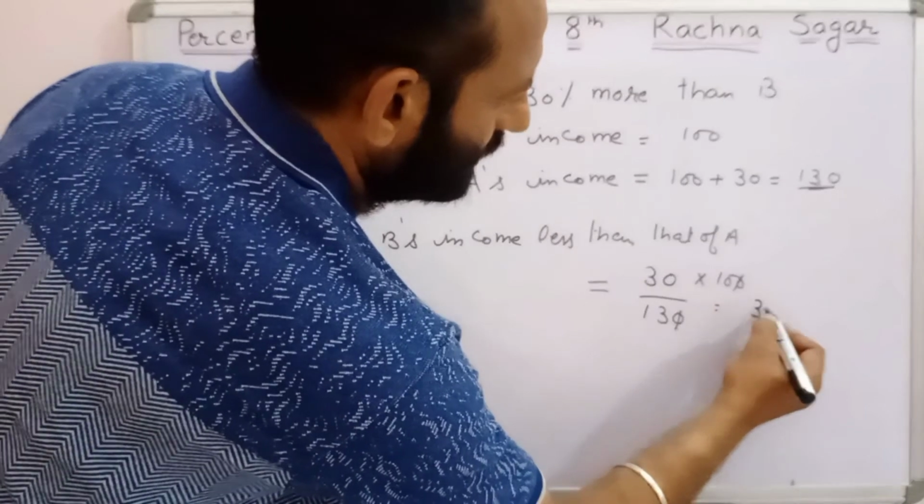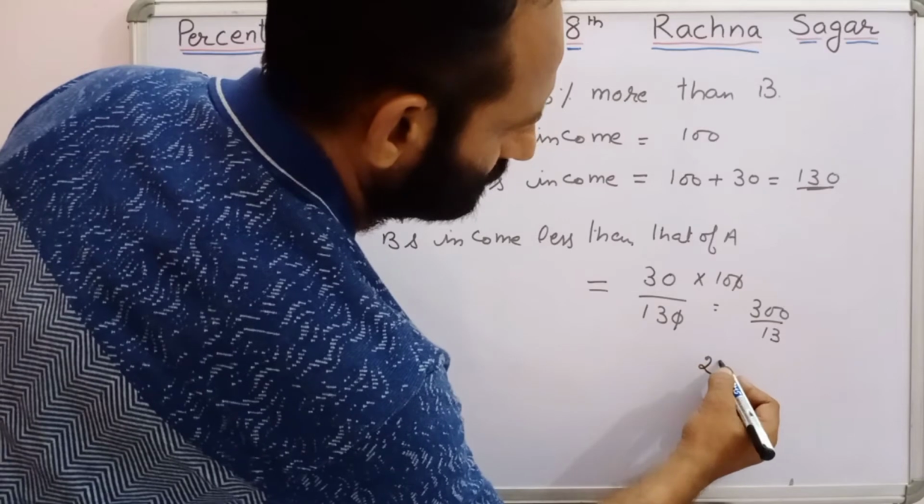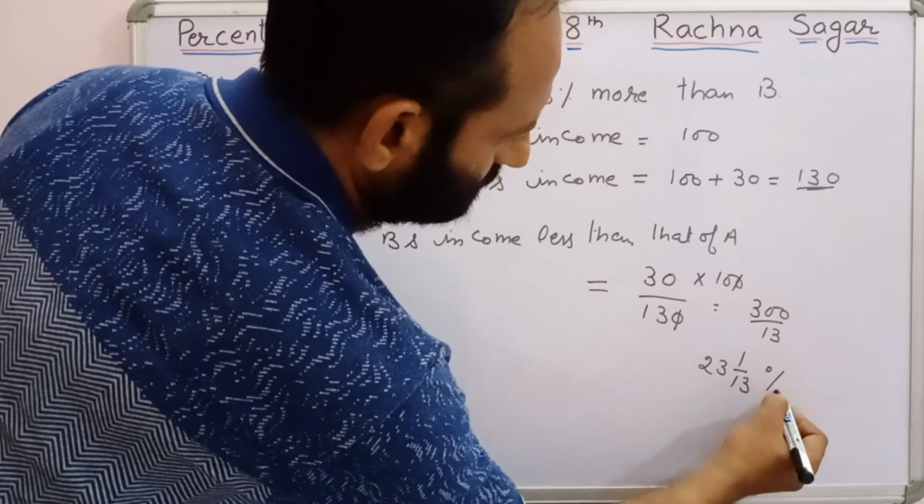It is 300 over 13%, that is 23 and 1 by 13%.